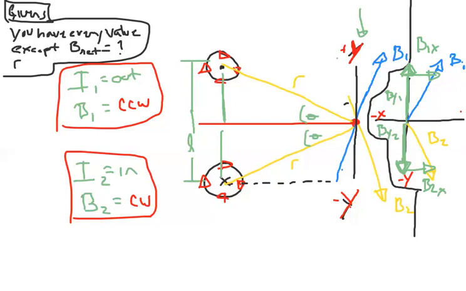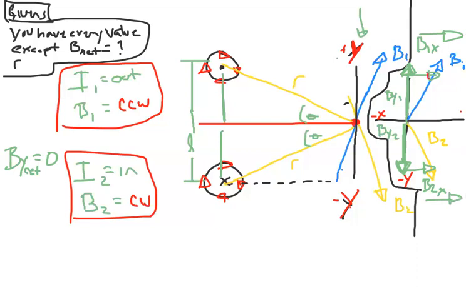So we don't even need to write an equation for those. If you wanted to, you could say By net is equal to 0, and you can show how they're subtracting, I suppose. But we're really just concerned with B2x and B1x, which are both pointed to the right.